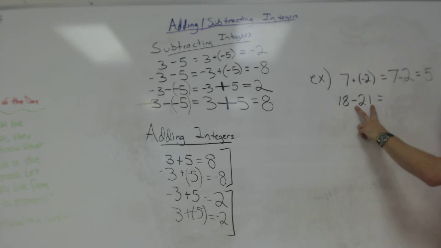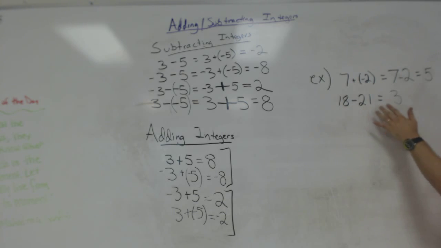So this is a negative 21. This is a positive. So they're working against each other. I'm going to find the difference between those numbers, which is 3. Now I'm going to look at which one is bigger, the positive or the negative? The negative is bigger, so my answer is negative 3.